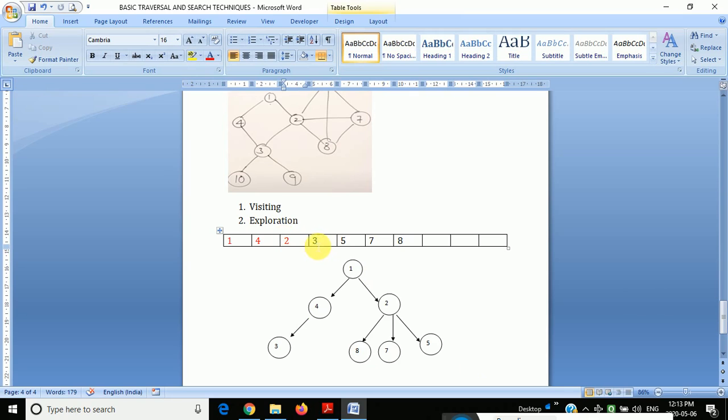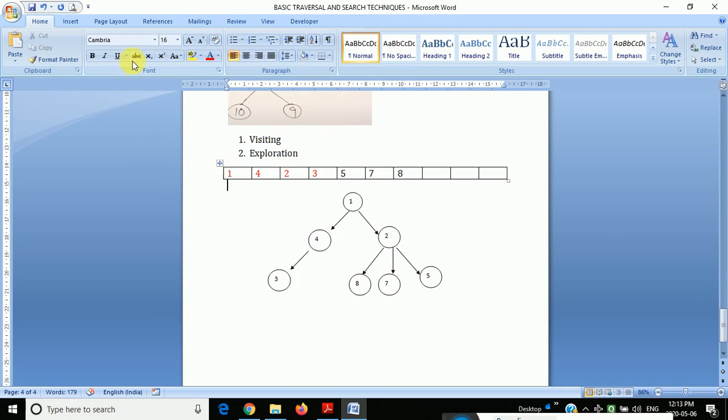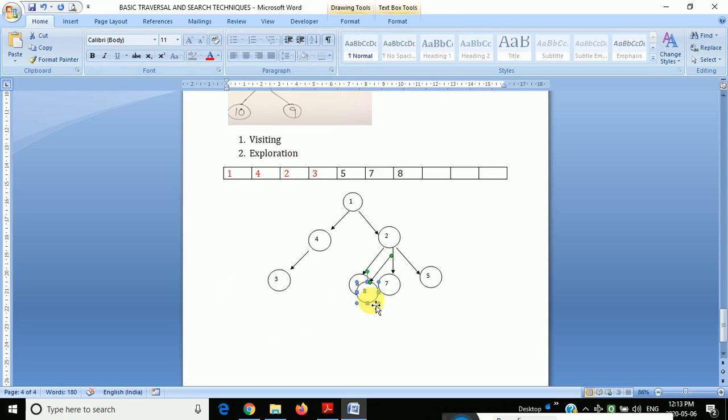Next we'll move to the 3. So 3 is visited, now it has to be explored. Explored means what? 3 is connected to which ones? 10 and 9. So here we have to make it 10 and 9. I'll copy the same thing and paste.